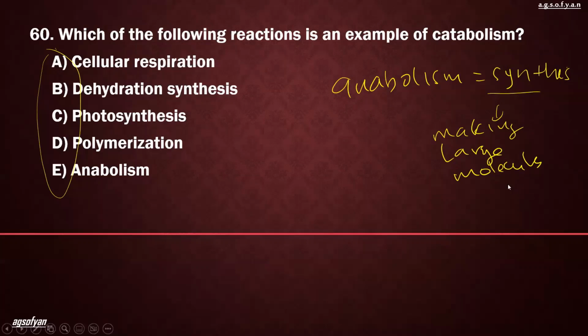Which one is catabolism? Breaking a bigger molecule into smaller ones. Polymerization. Would it be D? D is polymerization, which is making a polymer. A polymer is a big molecule, so making a big molecule is anabolism, which is synthesis too.